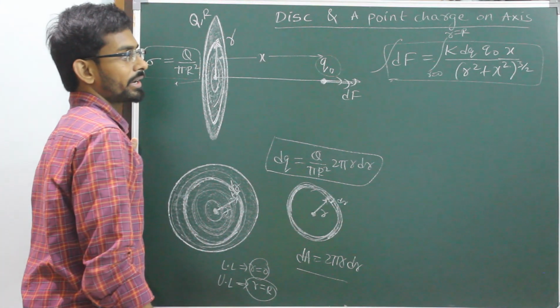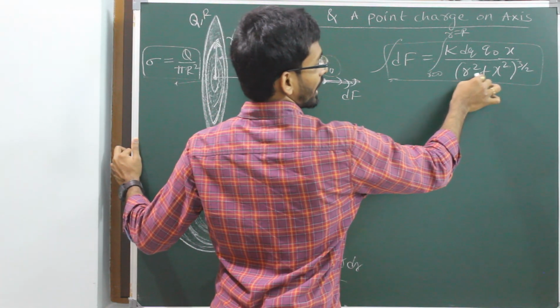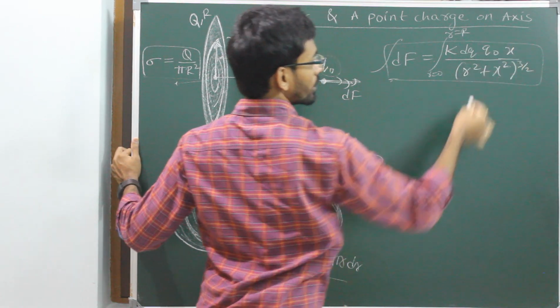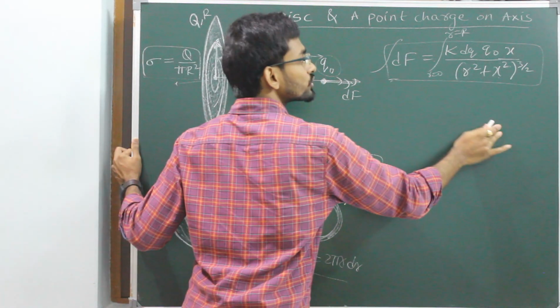Now how to integrate it? We have (r square plus x square) whole power 3 by 2 in the denominator, and in the numerator we have x. So we have to use the substitution method.